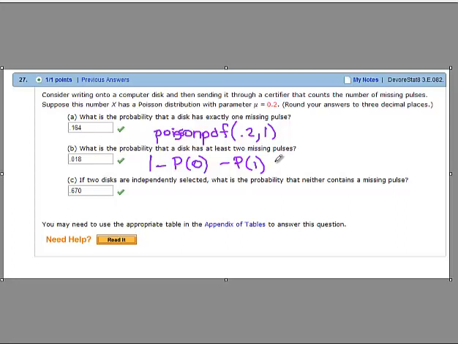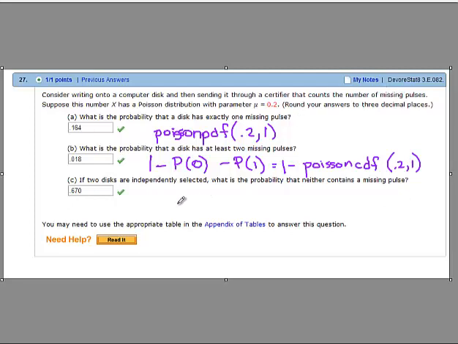So I can use, if you want, a Poisson distribution where I say 1 minus Poisson, and instead of using a PDF, I'm going to use a CDF because it does 1 and back, so I'll use 0.2 comma 1, crunch that in your calculator, and you would get your answer.